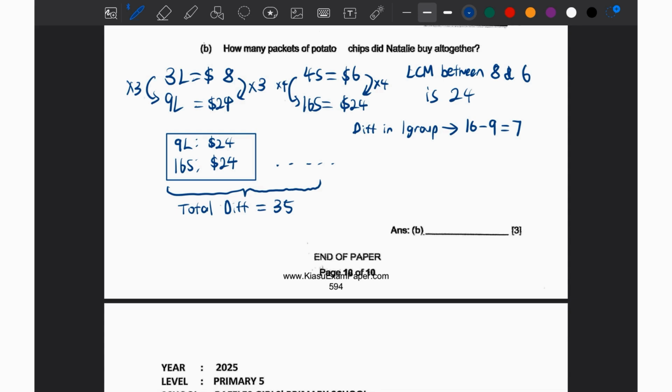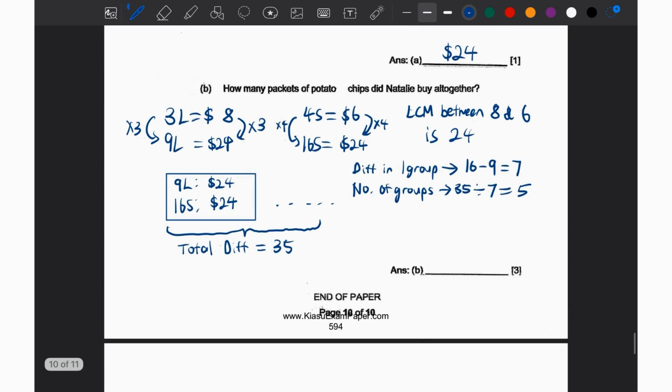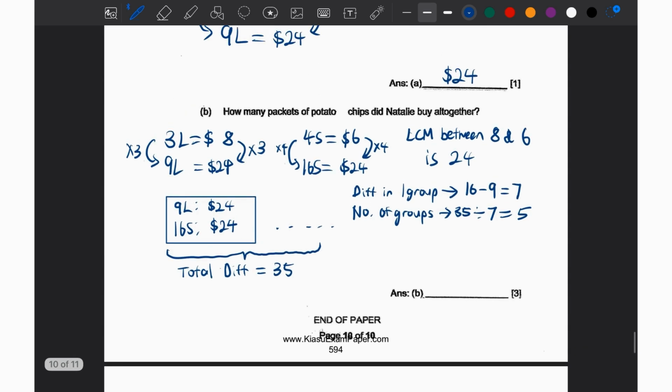So since we know our total difference, we can find our number of groups. In order to find the number of groups, it is my total difference, which is 35, divided by my difference in one group, which is 7. This will give me 5 groups. So we want to find how many packets of potato chips Natalie bought altogether. Altogether means total. So we look at what we have inside one group: 9 large and 16 small.